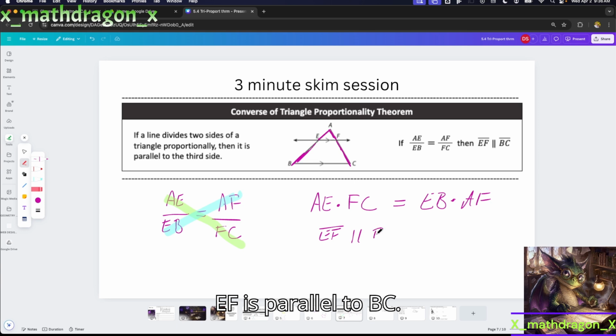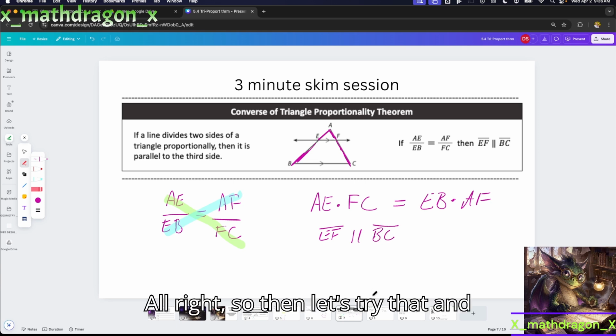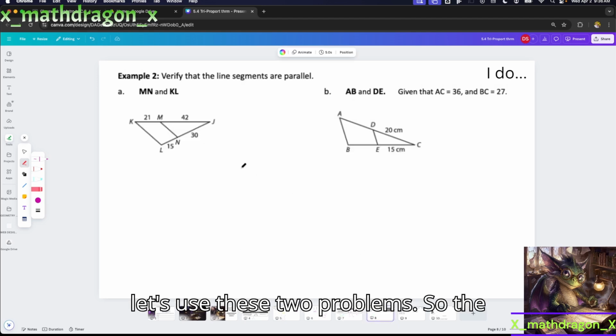EF is parallel to BC. All right. So then let's try that. And let's use these two problems.